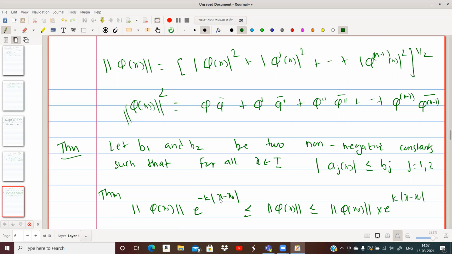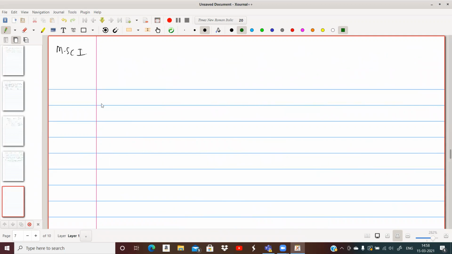What is this k here? The value of k is 1 plus b1 plus b2, and x naught is a point of I. The same result was discussed for constant coefficients; it will be discussed for second order.